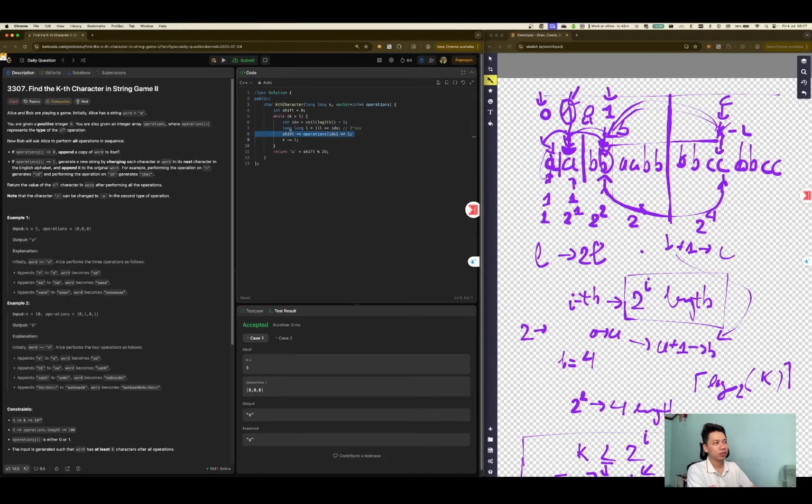Yeah, shift here. After that you jump back to K minus L, jump back to the same position on the left side. Alright, submit.